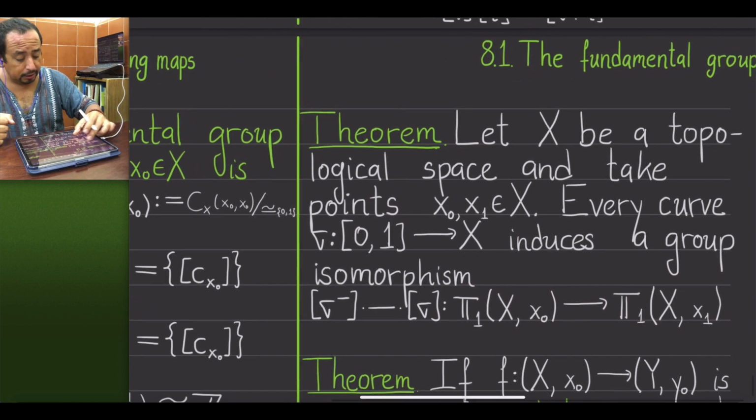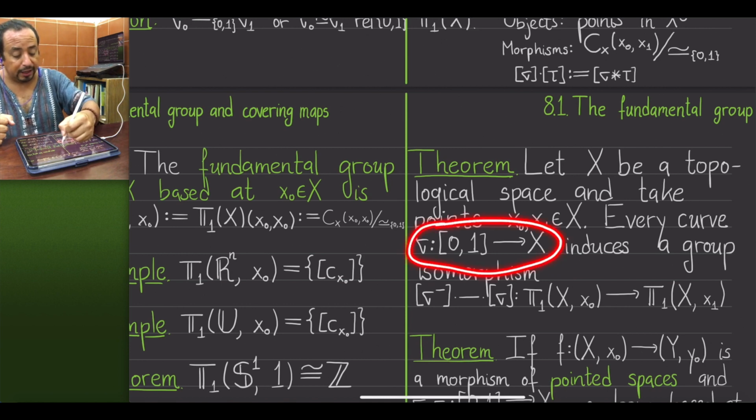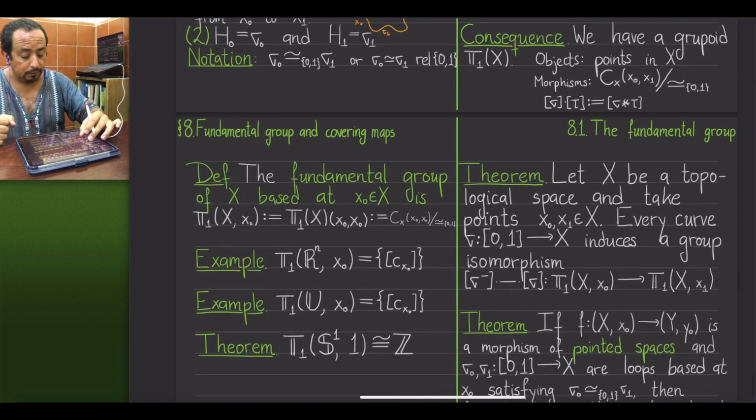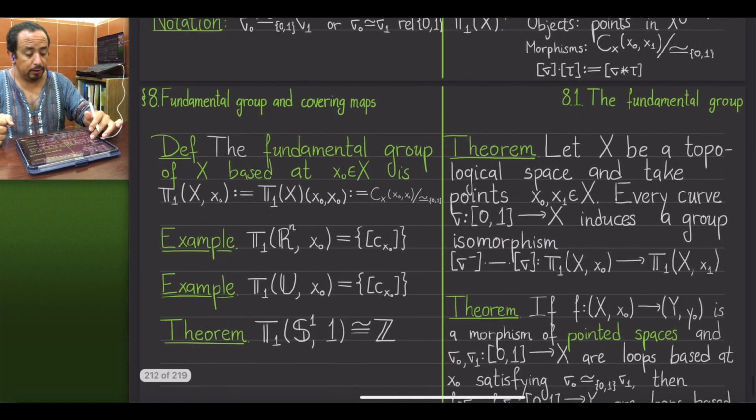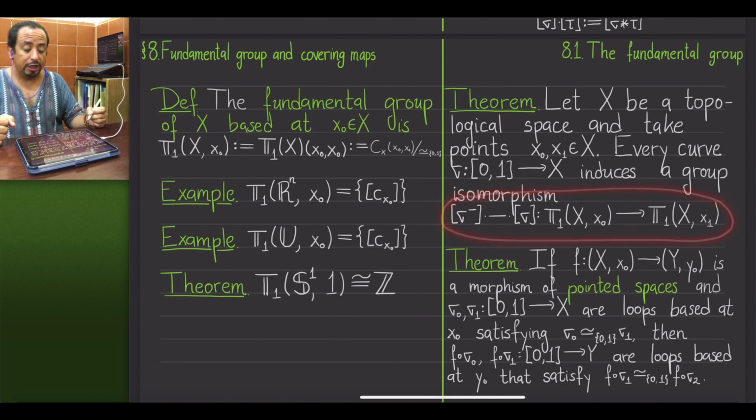And here I should have said that every curve from x0 to x1. This hypothesis is missing here. That every curve from x0 to x1 induces a group isomorphism, right? And the group isomorphism is some sort of conjugation.